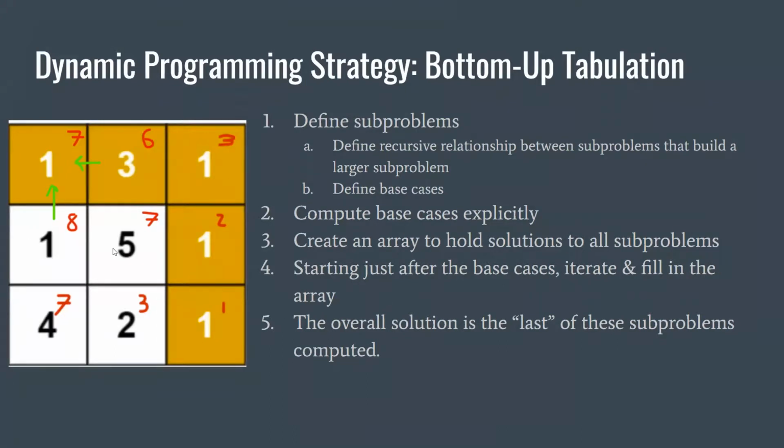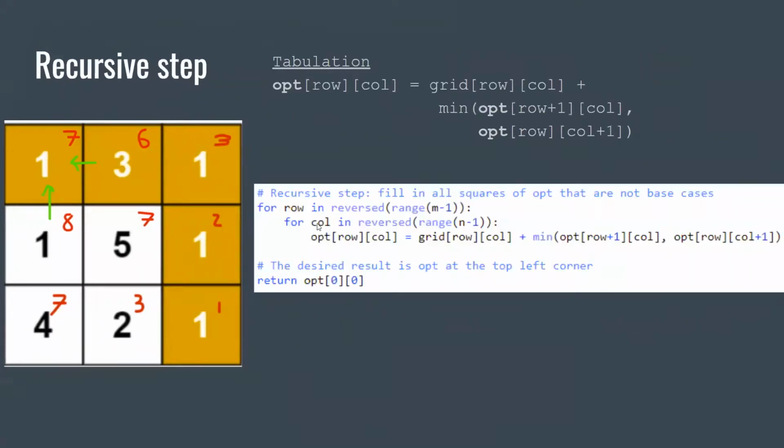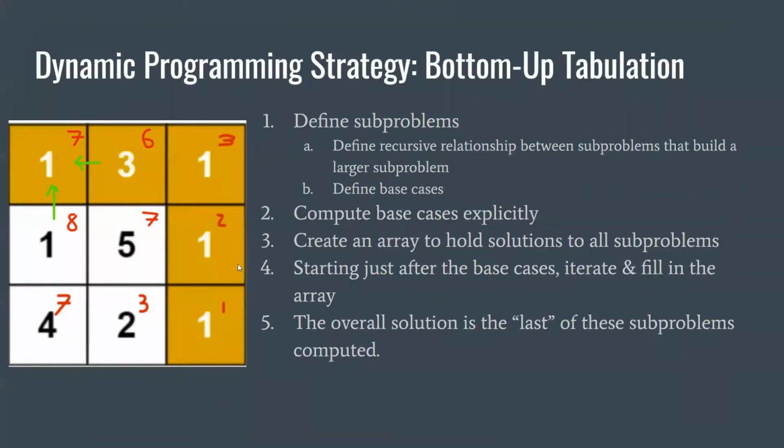So this is 2 nested for loops instead of a series of recursive calls, because we're computing all these red opt numbers for all values beyond the base cases. And then our desired result is just opt at this top left corner. That's why it's bottom up, because you start at the base cases and go up towards the solution that you actually want. And this reduces the overhead of recomputing these repeated values.